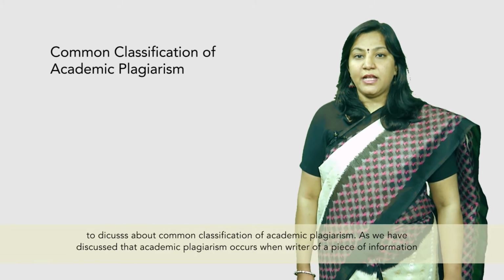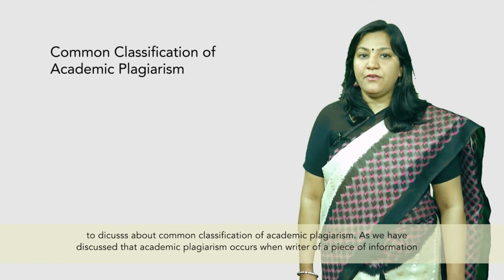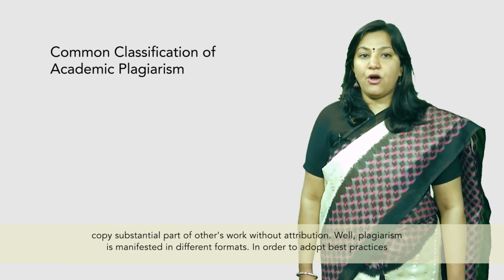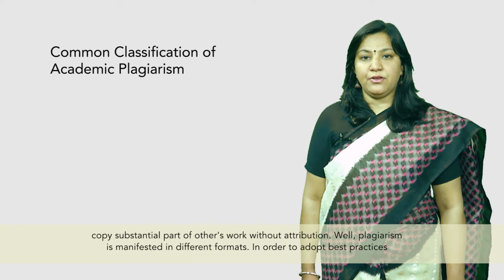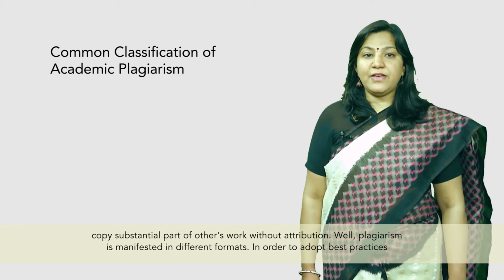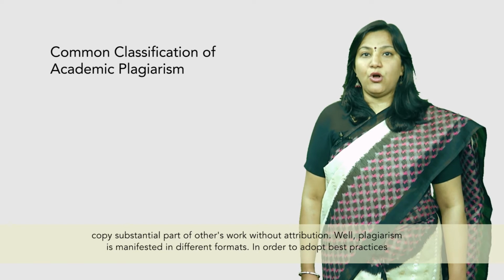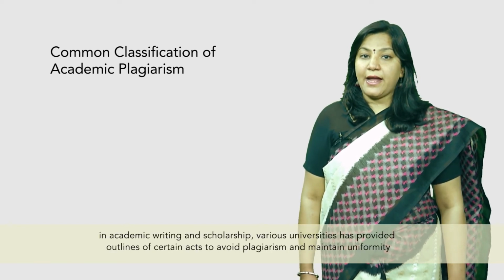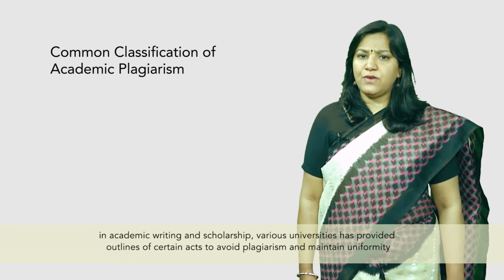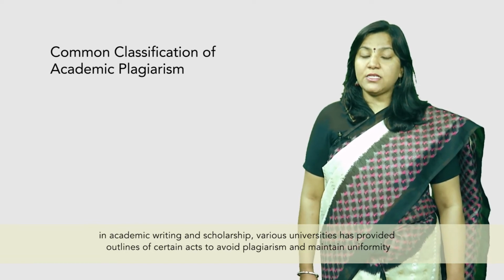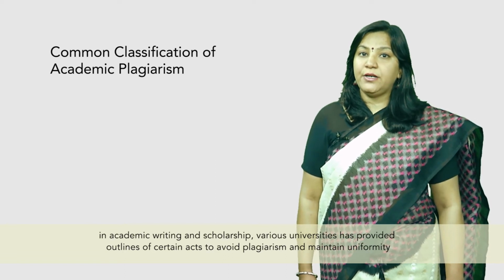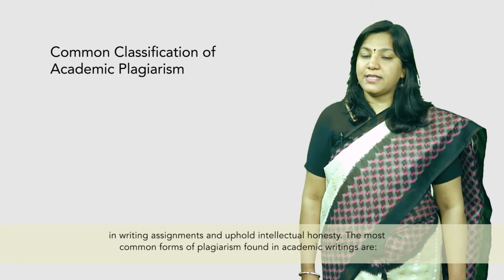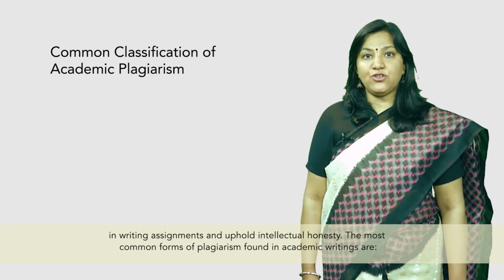As we have discussed, academic plagiarism occurs when writers of a piece of information copy a substantial part of other work without attribution. Well, plagiarism is manifested in different formats. In order to adopt best practices in academic writing and scholarship, various universities have provided outlines of certain acts to avoid plagiarism, maintain uniformity in writing assignments and uphold intellectual honesty.